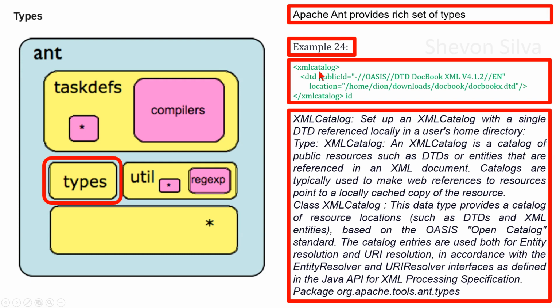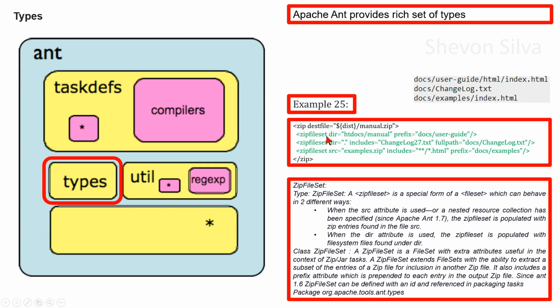The catalog entries are used both for entity resolution and URI resolution, in accordance with the EntityResolver and URIResolver interfaces as defined in the Java API for XML Processing specification. This is in the package org.apache.tools.ant.types.